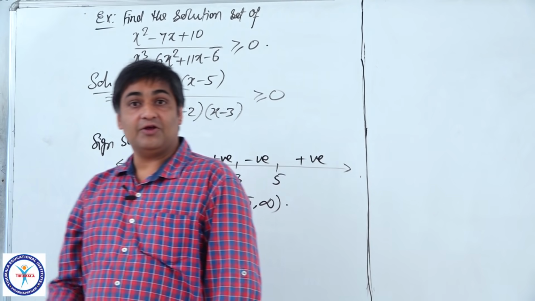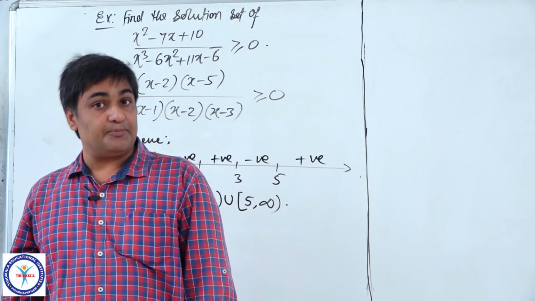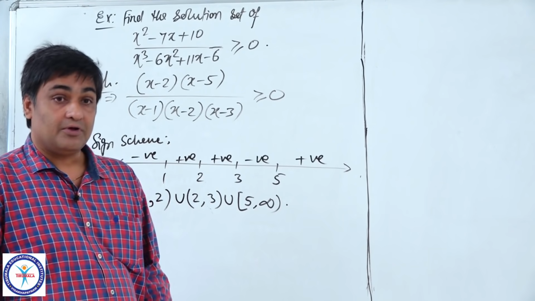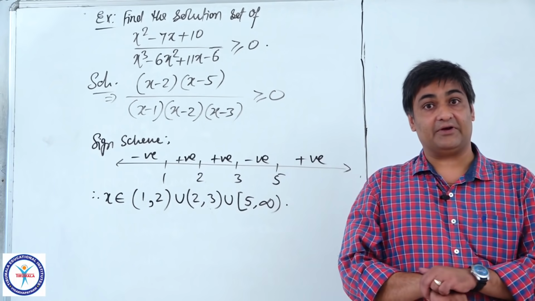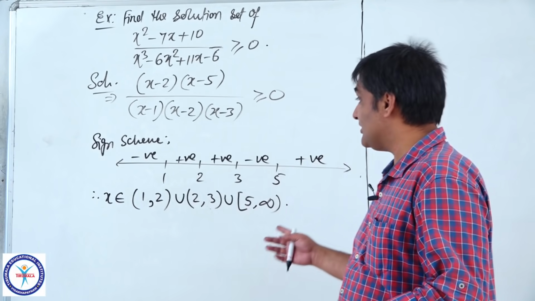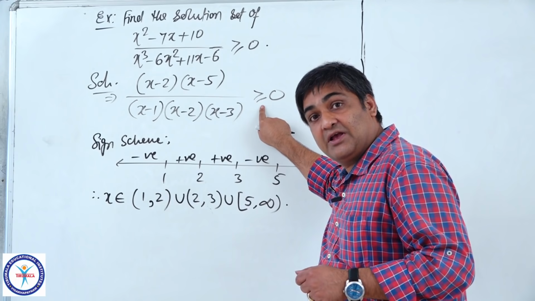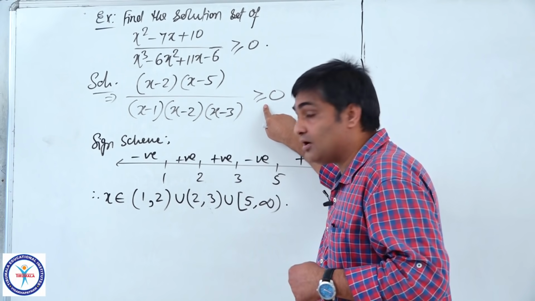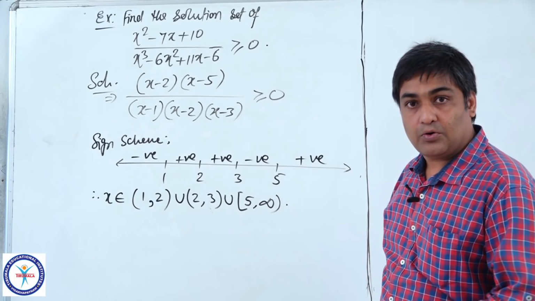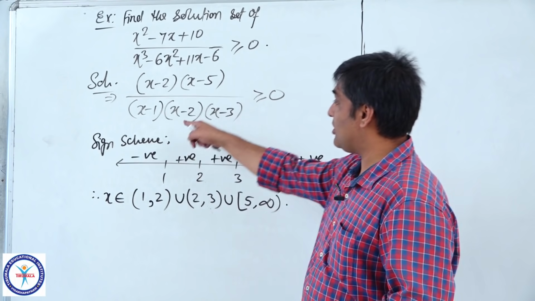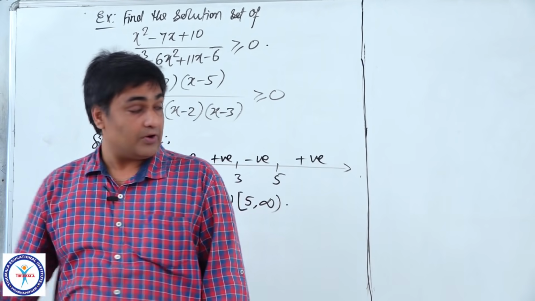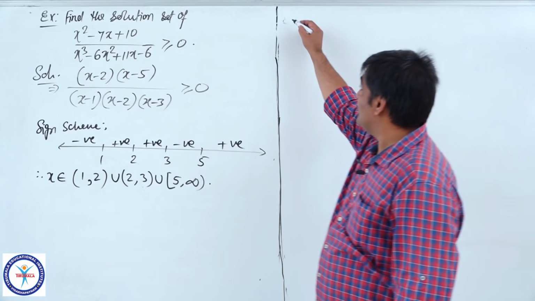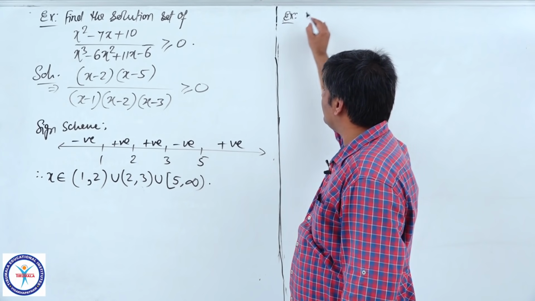So those values must not be included. We do things within the definition, not beyond the definition. So whether there is an equality sign or not, never include the roots of the denominator in your answer.